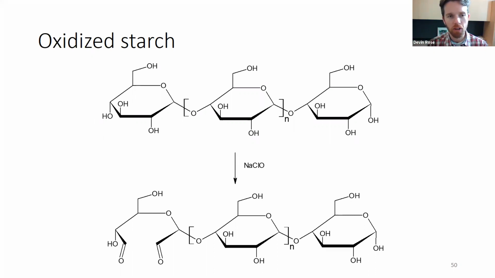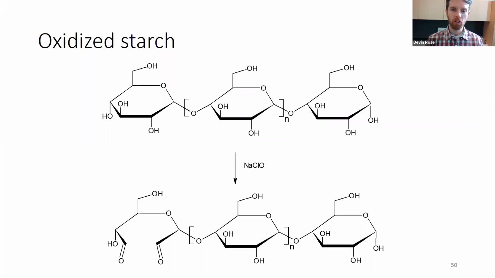And so to get rid of that, starches are often treated with a really dilute oxidizing agent, typically hydrogen peroxide. That will just remove the color, but it doesn't actually change the starch at all. It doesn't change the functionality of the starch at all.